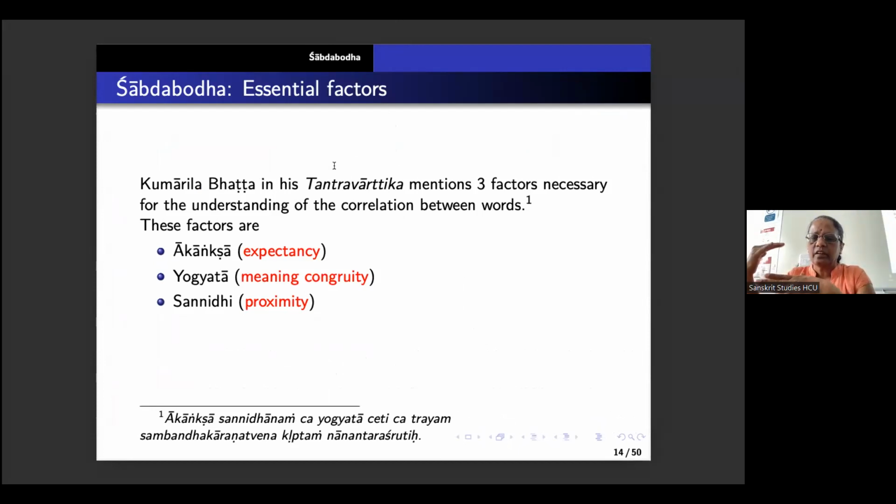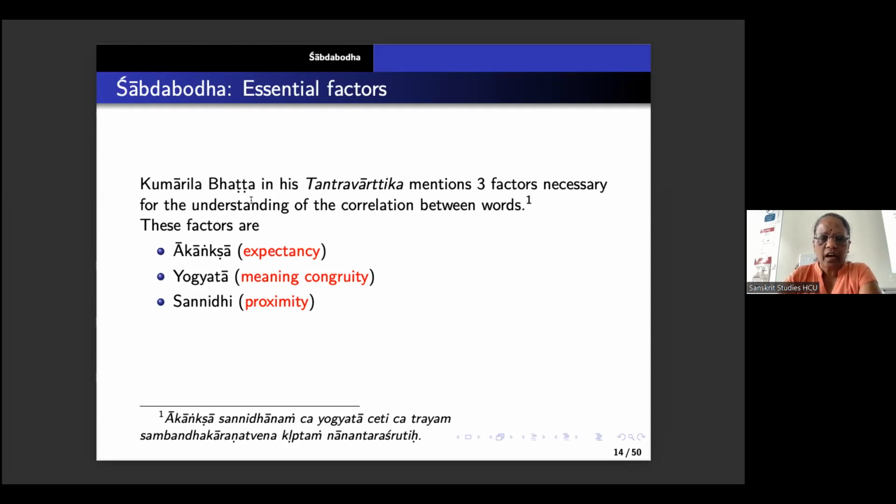There are certain constraints that need to be satisfied for having the correct understanding.